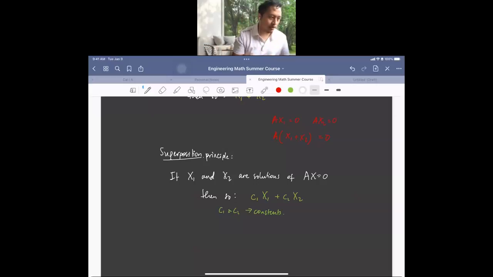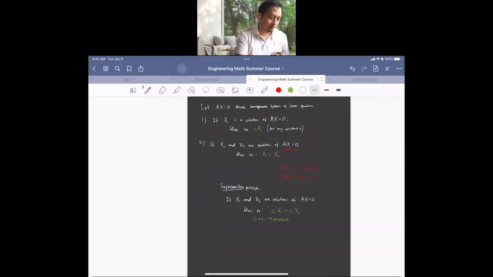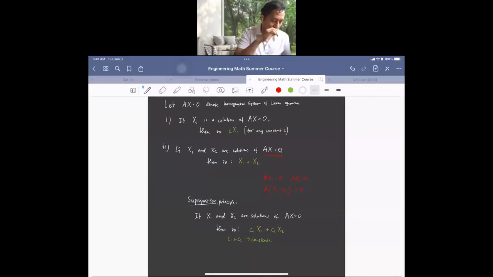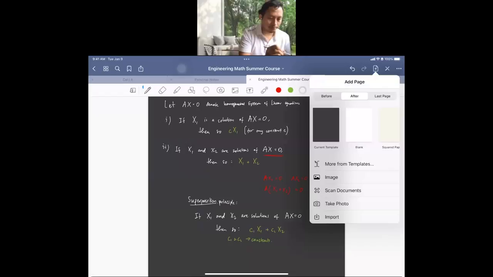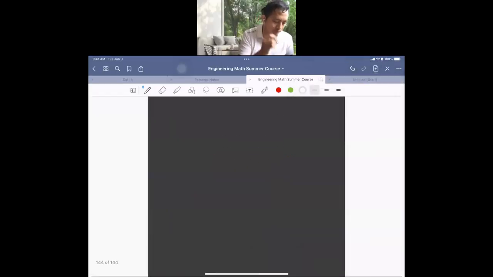Okay, maybe one more section, and then I think we have feedback. Okay, so the superposition principle. But let me check first. I think I will just skip. There is one section in the matrix chapter called the rank of a matrix.